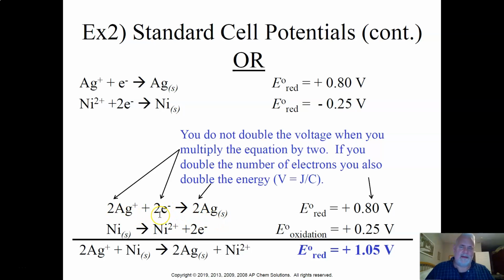It's kind of like putting a golf ball into a tube. Whether you put them in 2 at a time or 1 at a time, they still can only go through there at a certain rate and speed, and it doesn't matter. The energy is compensated by, double the energy, double the electrons. It doesn't change anything. So it's the exact same problem if you double that equation.